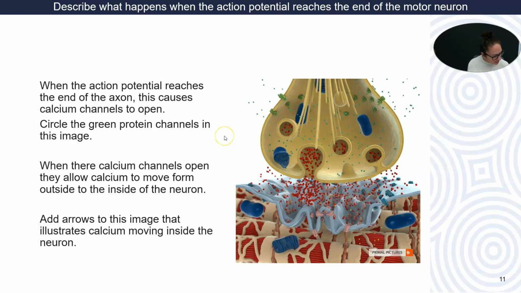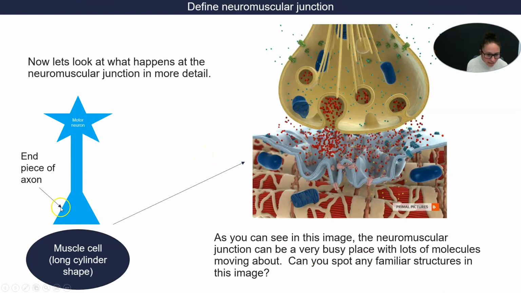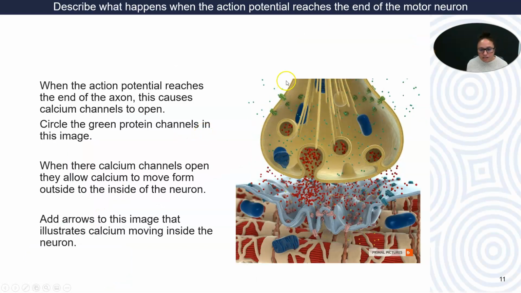Let me just go back a step for a second because I want to show you. So these calcium channels there, they are sitting here. All right, just so you know where you are. So the action potential reaches down here and it opens up these channels. Now these little channels here, they are specifically designed to allow calcium ions through.